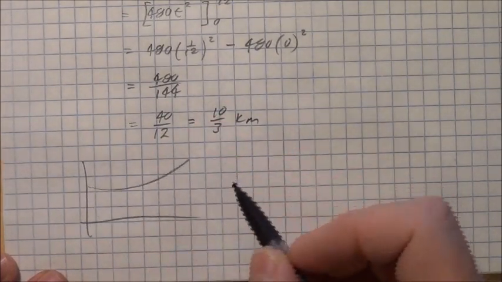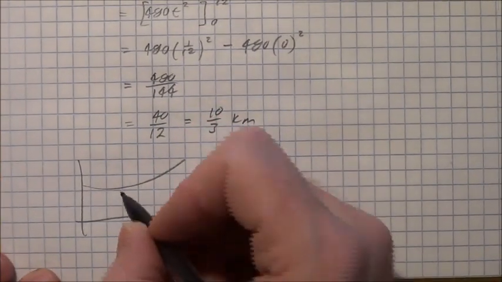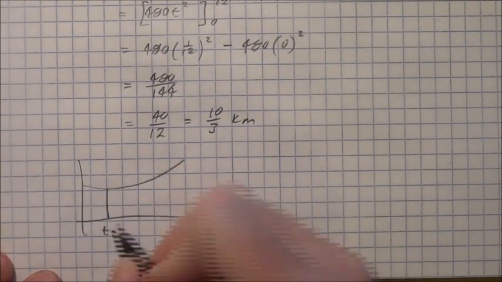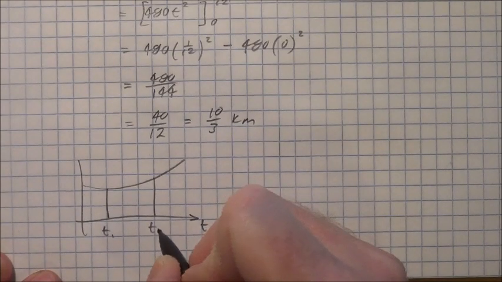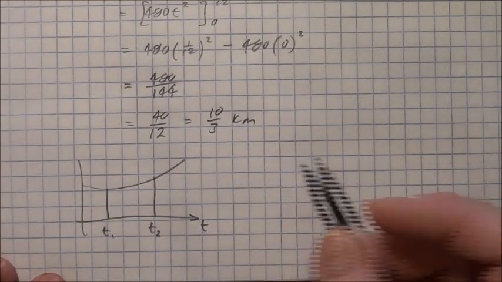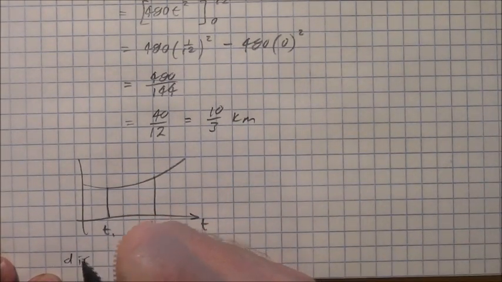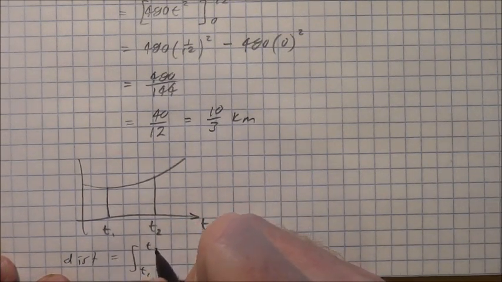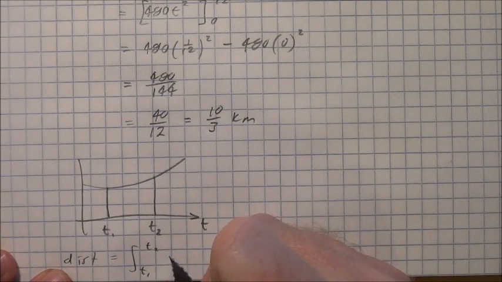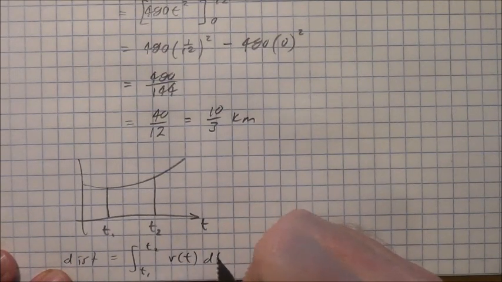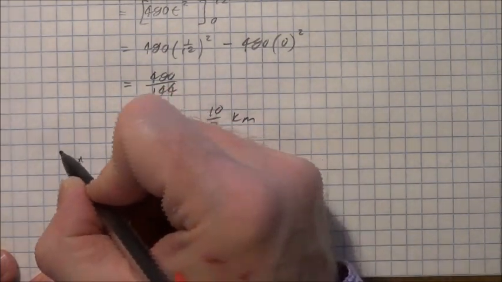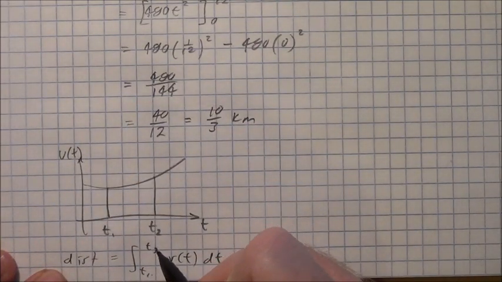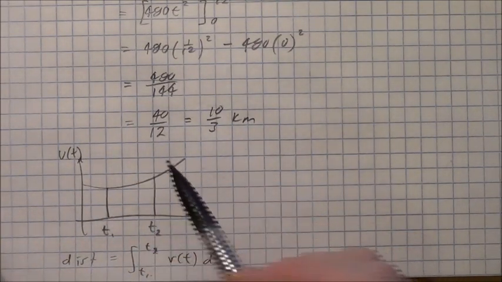Suppose we have some sort of curve above the x-axis, or the t-axis, and we are evaluating from t1 to t2. Then the distance is going to be the integral of that function evaluated from t1 to t2, because it's above the x-axis.